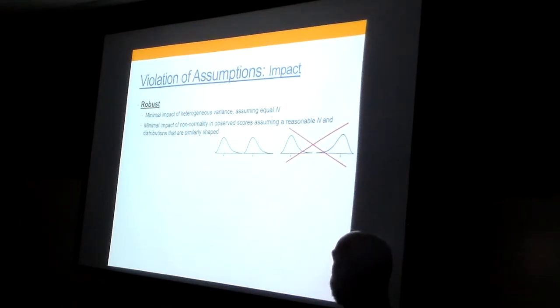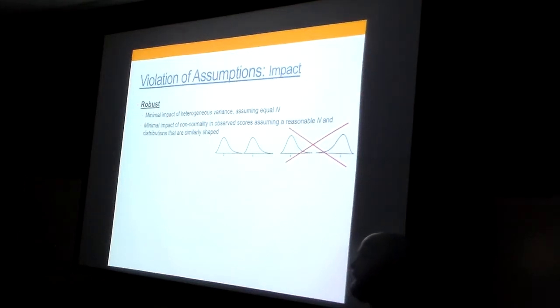Minimal impact of violations of variance, right? If our variances are unequal, we're still okay, assuming we have an equal sample size. Minimal impact of non-normality, assuming a reasonable N and distributions that are similarly shaped, right?